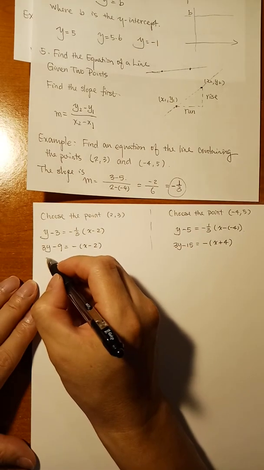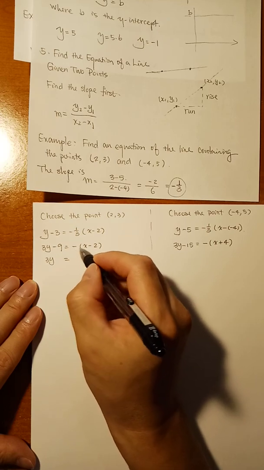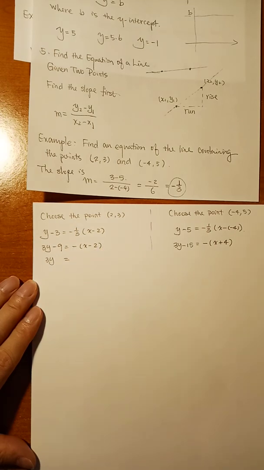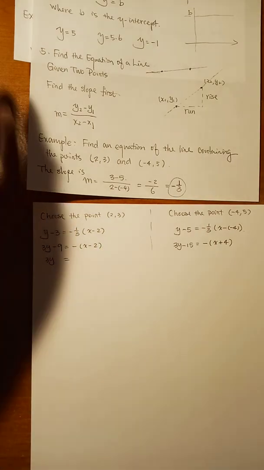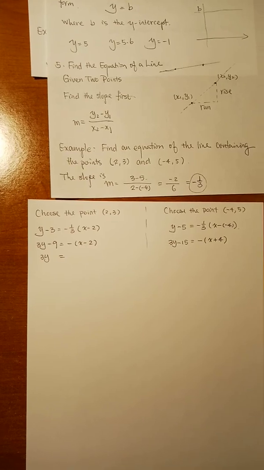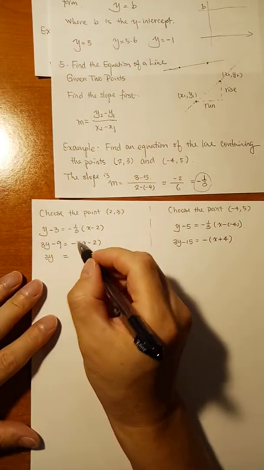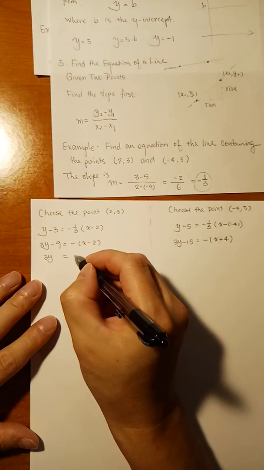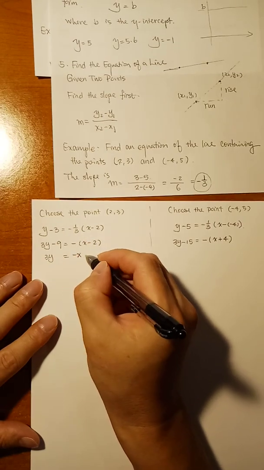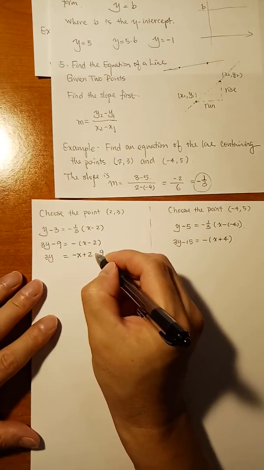And then you see 3y, I'm going to move 9 to the right side. Negative of the parentheses becomes negative x plus 2, and 9 moves to the right side as plus 9.